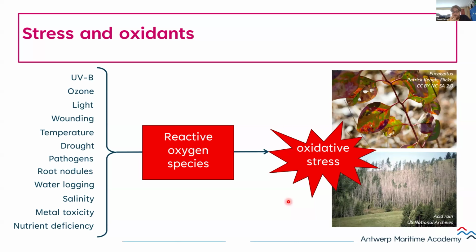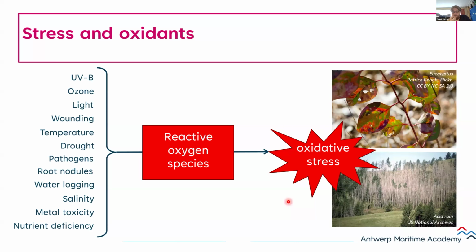So that's the oxygen problem. So what happens now? We have our stressor. The plant reacts either because the normal reactions in the mitochondrion and the chloroplast are affected, so they start producing more reactive oxygen species. In other instances, the plant is actually starting to produce reactive oxygen species on its own.